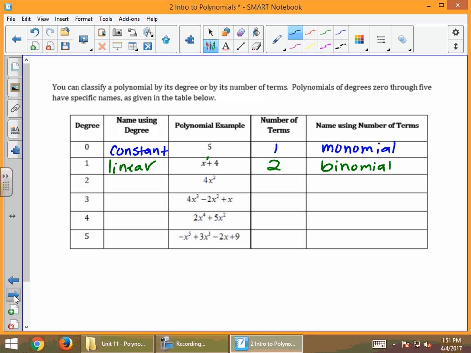Yeah, quadratic. Good. So a polynomial has a degree of 2, meaning the largest exponent is a 2. We call it a quadratic. So how many terms are there in our example? 1. So we would call that a monomial.